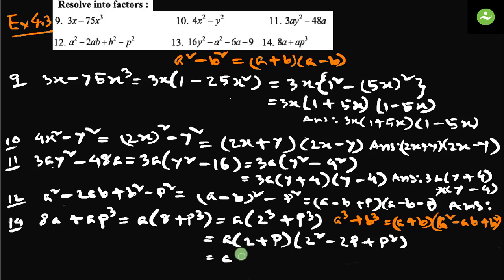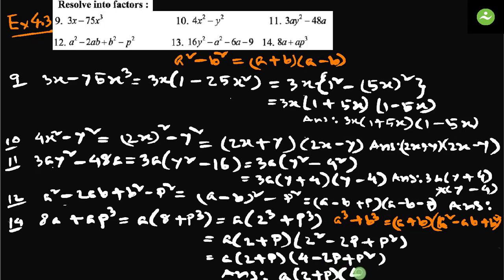That equals a into 2 plus p into 4 minus 2p plus p square. Now you can write the answer: a into 2 plus p into 4 minus 2p plus p square.